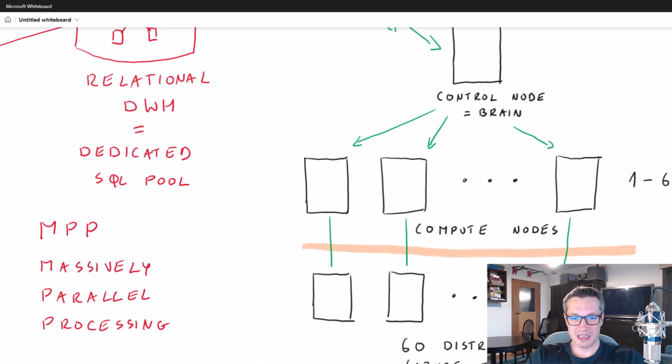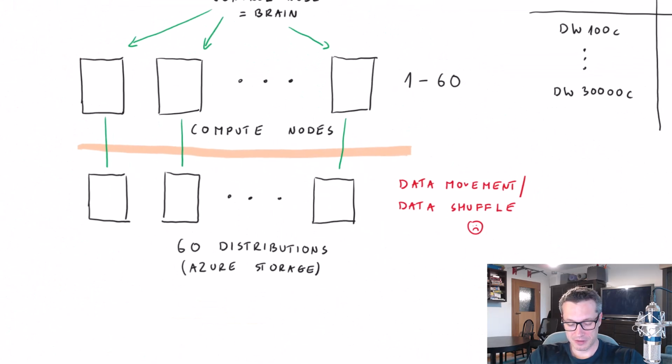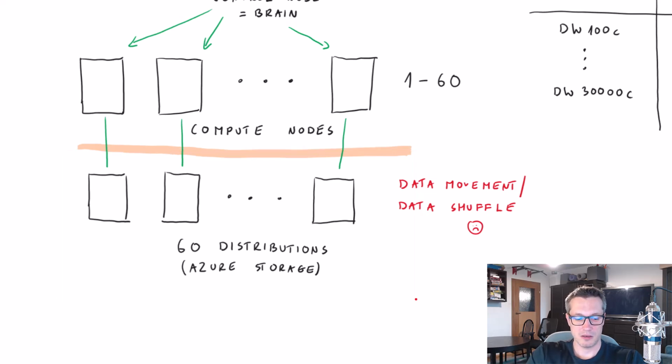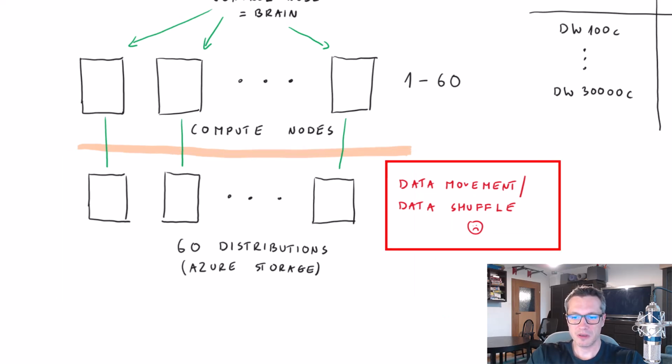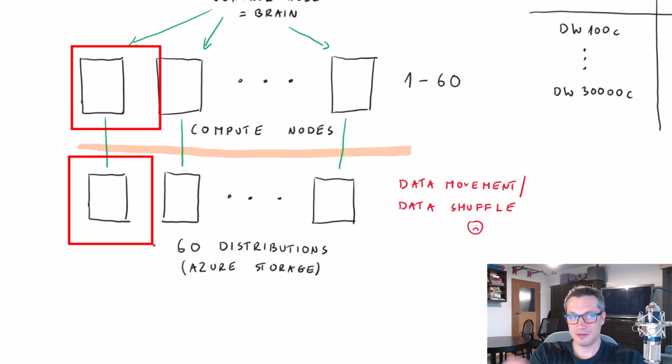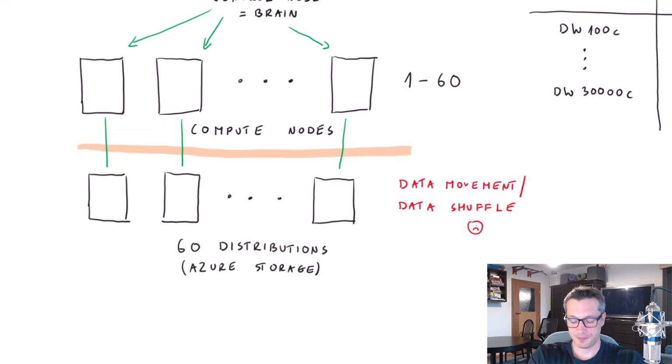All right, so let's get back to our drawing, because I told you that the way we distribute data on distributions is super important. Why? Because we want to avoid this data movement. We want to make sure that the data that is needed by our compute nodes is stored on associated distributions.